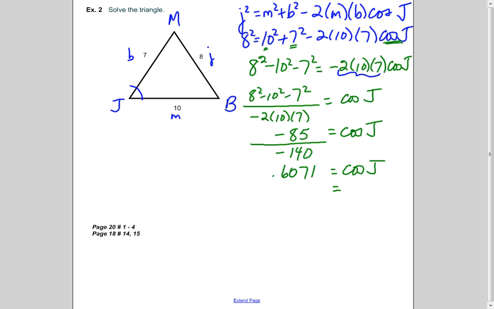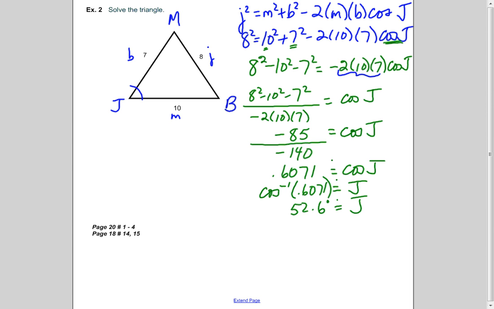To find an angle, we take second function cos, so that I have the inverse cos of both sides. Because I've rounded now, that gives me an angle of 52.6 degrees.